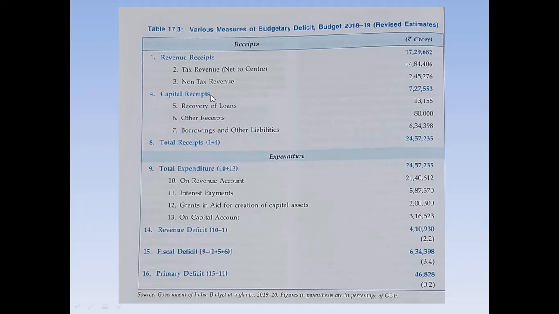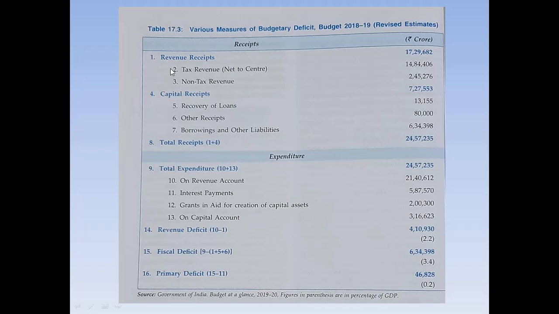Now the capital receipts can be recovery of loans or other receipts, or sometimes the government can borrow from the IMF or the World Bank. So the total receipt is equal to 1 plus 4. If you total all these items together, it will give you the total receipt, including both revenue as well as capital receipts.